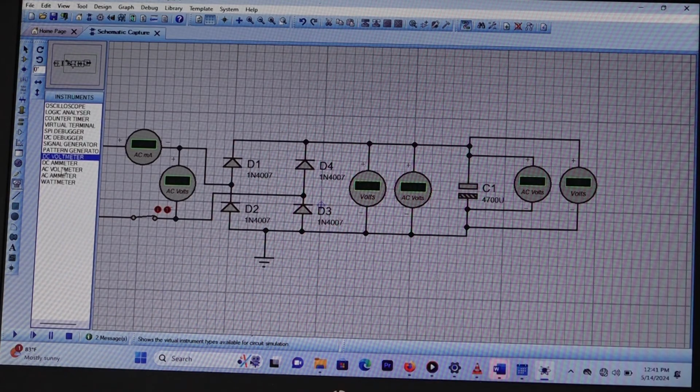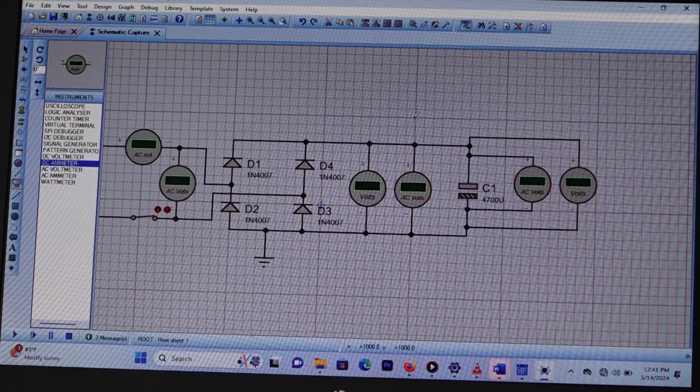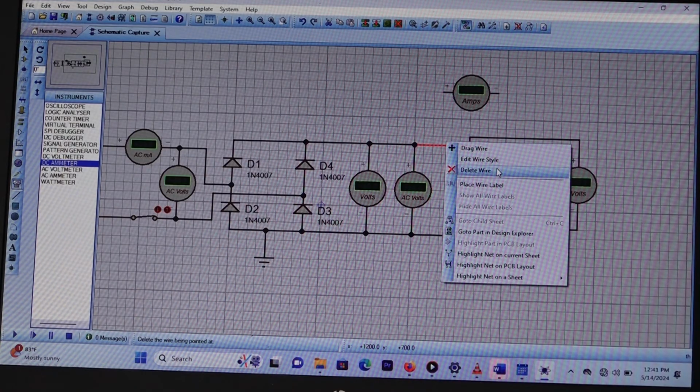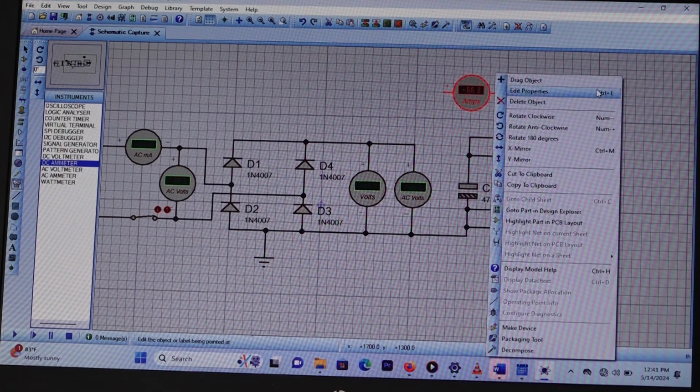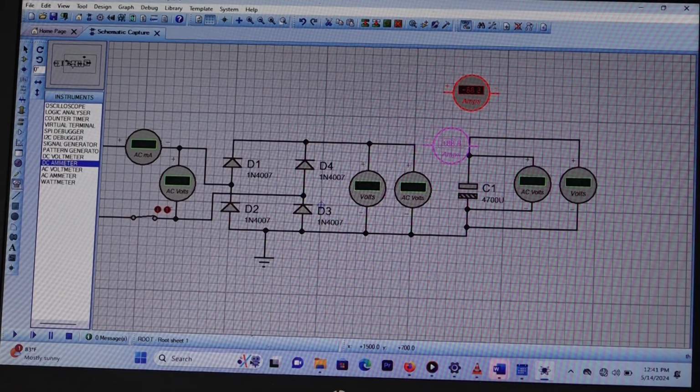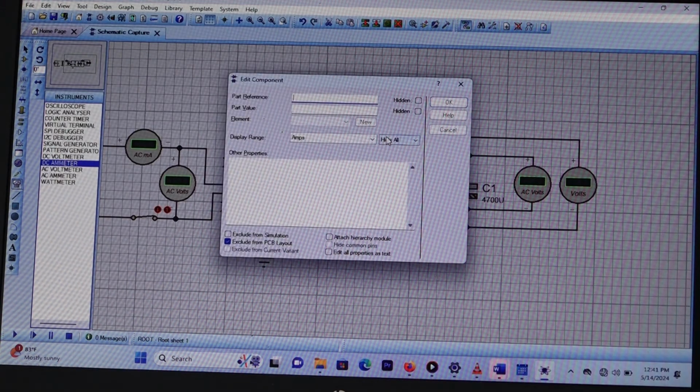So you know that now the current is DC. Let us connect the ammeter in series. This is one of the testing points that we have. Let us have an AC or DC milliammeter.